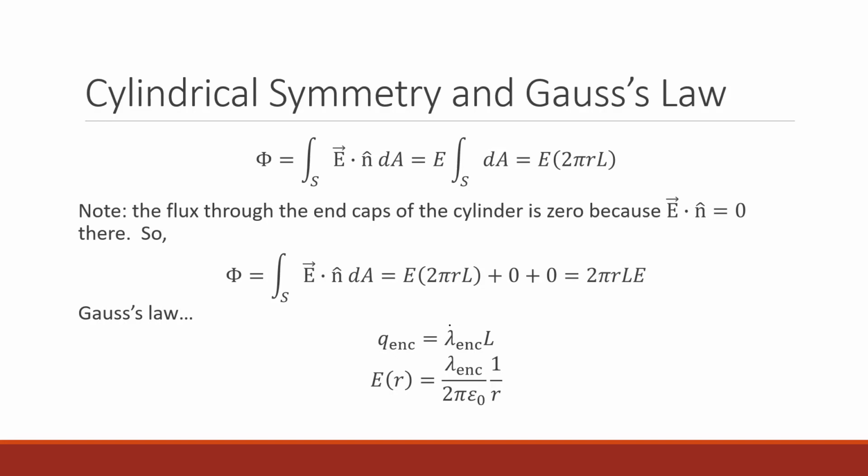So this is going to be our charge enclosed. And so we can rearrange our equations and plug some stuff in, and we end up with this electric field, which varies radially: lambda enclosed over 2 pi epsilon naught times r.